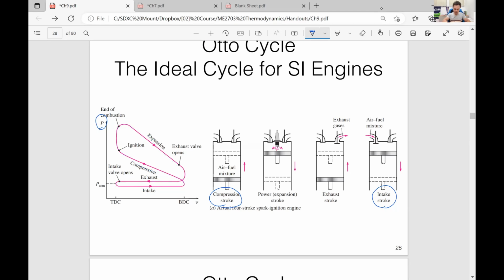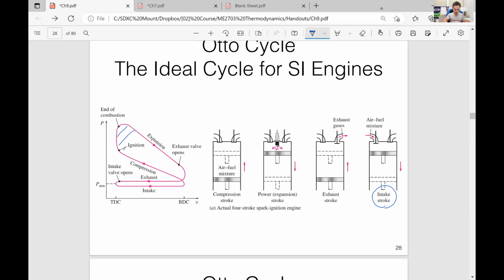However, as we mentioned, if you want to analyze this kind of thermodynamic cycle, usually you will need some assumptions. These assumptions are usually used to strip the irreversibilities.